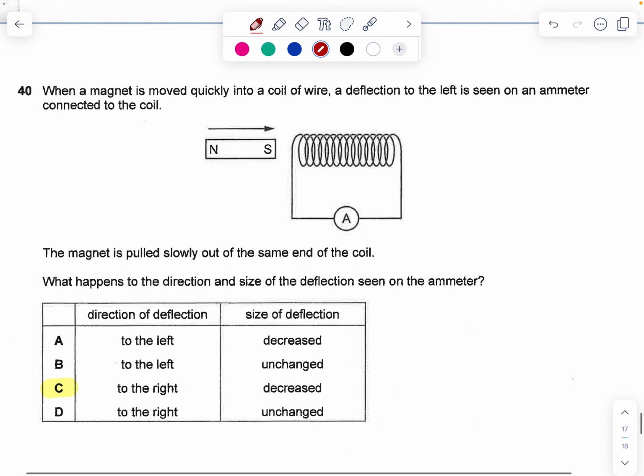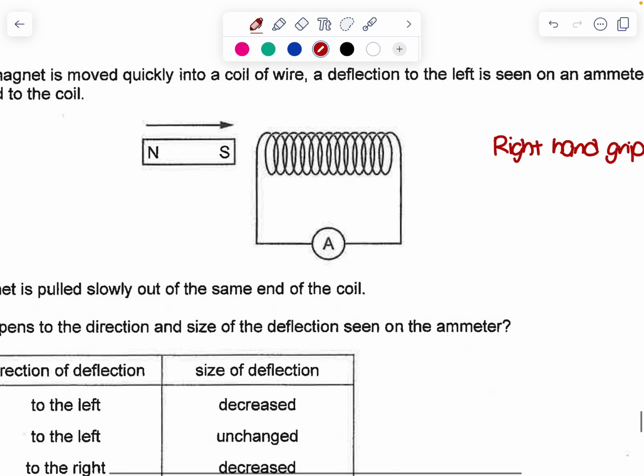Question 40. When a magnet is moved quickly into a coil of wire, there will be a deflection, because of Lenz's law. To find the direction of the current, we use the right hand grip rule. Since the magnet is going toward the right into the coil, the coil will try to resist it and cause this to be a south pole, a north pole.